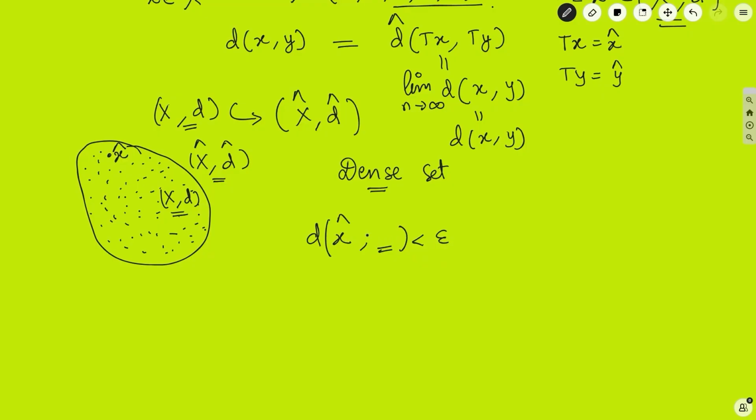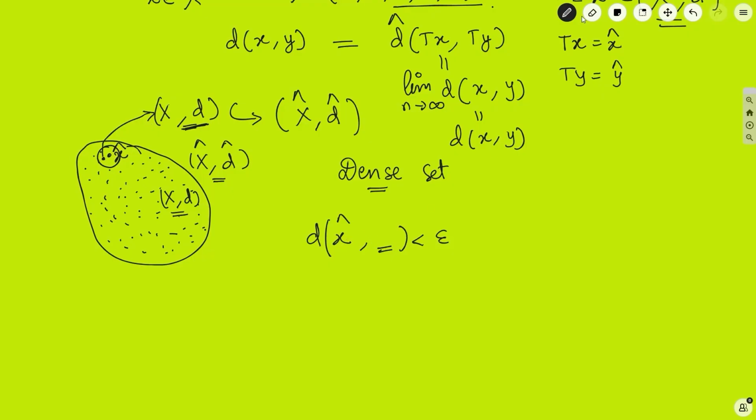Can I have a tiny ball around this point x hat, yet I will find another point from the embedded dense set? Let's assume this is the dense set, X_d. We have already embedded it, but is it dense? If it happens to be dense, then you can definitely find a point from the space which is extremely close to x hat.